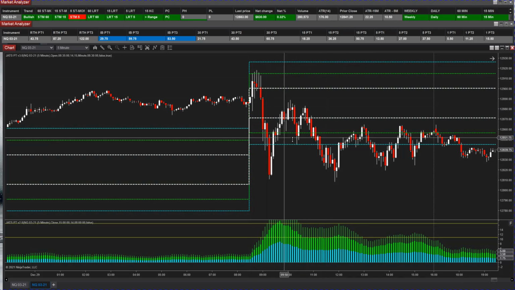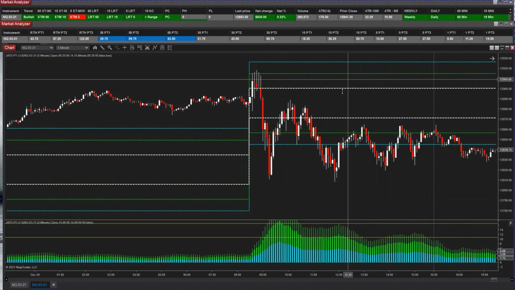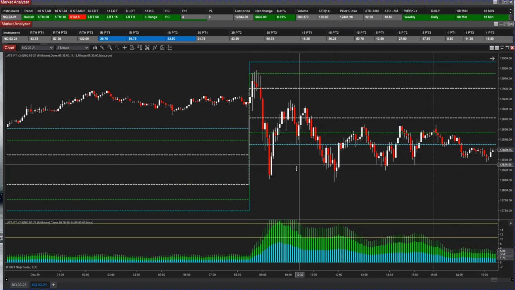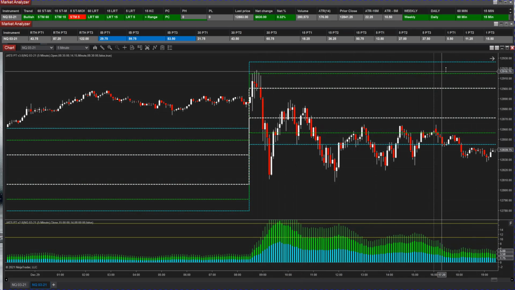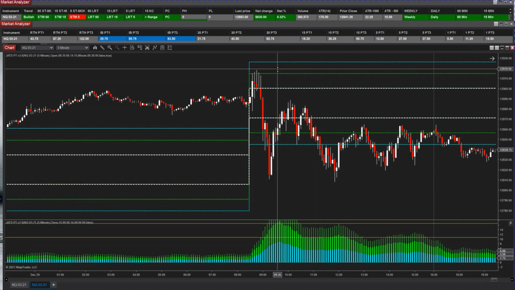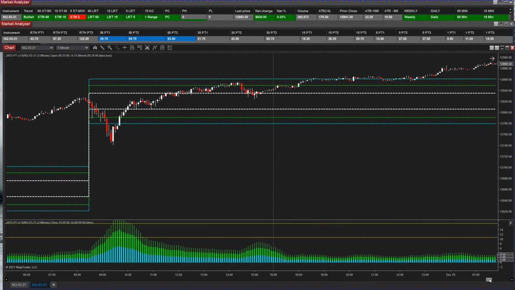So we can visualize these ranges on the chart between the 24/7 and the higher time, the 14 sessions versus 14 bars, 5 minute.